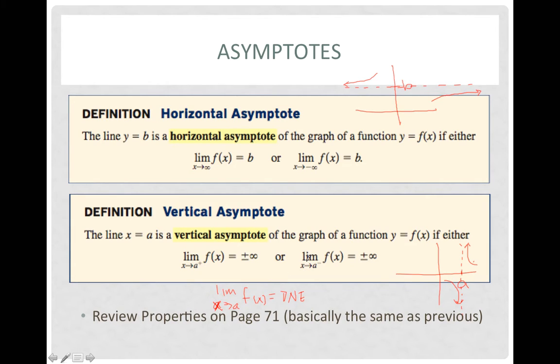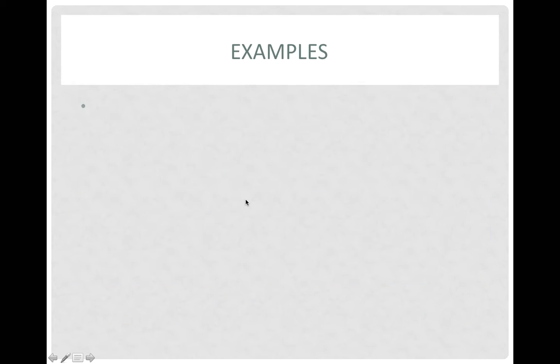Really, the only thing new now is we can't plug infinity into an equation because that doesn't make sense. So we're not going to be plugging in things. We're going to be looking at what we know about horizontal asymptotes, and at some tables and graphs and a couple other things here.